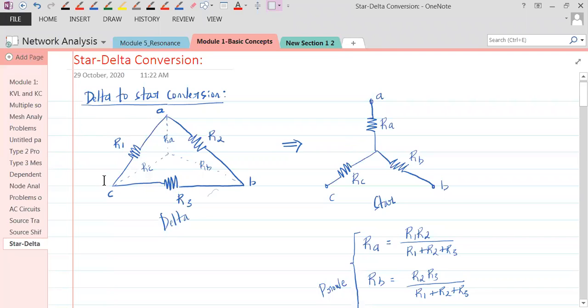Across AC, R3, R2 would be in series, and R1 would be in parallel with that. That's fine. But can you do such an operation here? You have to leave one of the resistors out if you look at AB, which is not good when finding the equivalent resistance. So you will get this idea when we solve problems.